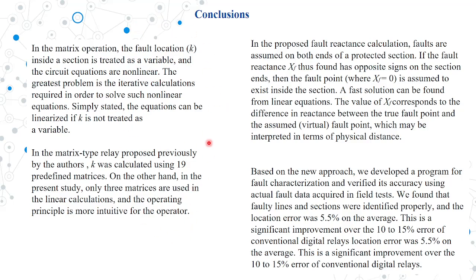And the error that occurs in the system is 10 to 15%. But in the proposed fault reactance calculation, the faults are assumed at both ends of the line.